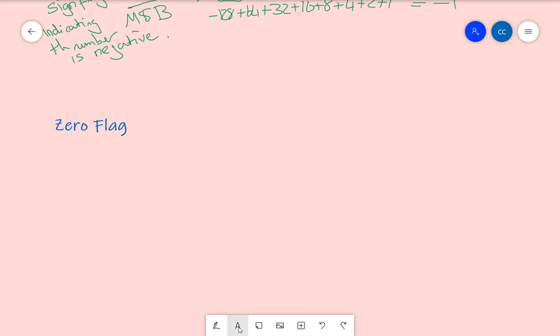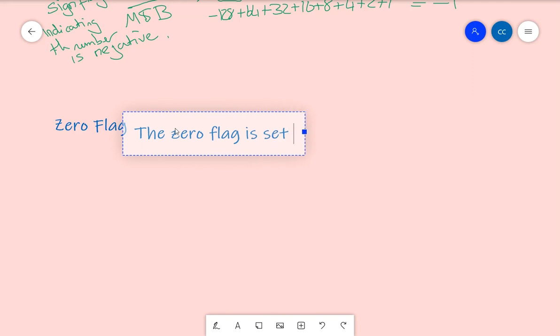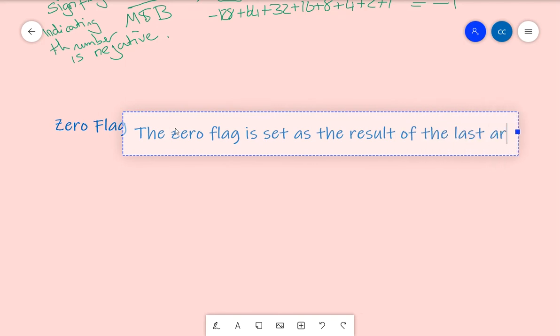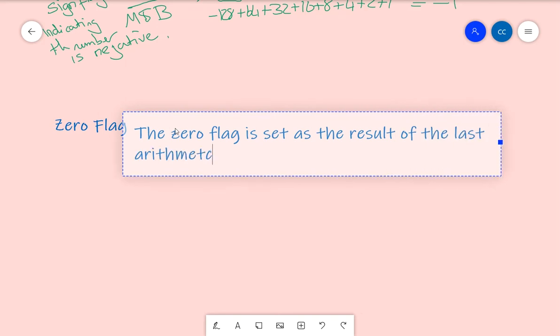So again, the 0 flag is set as the result of the last arithmetic operation.